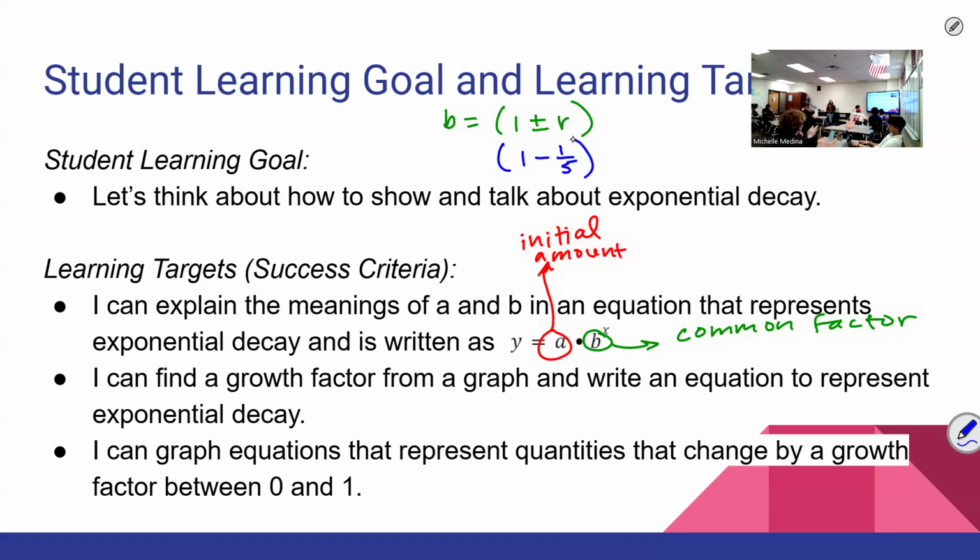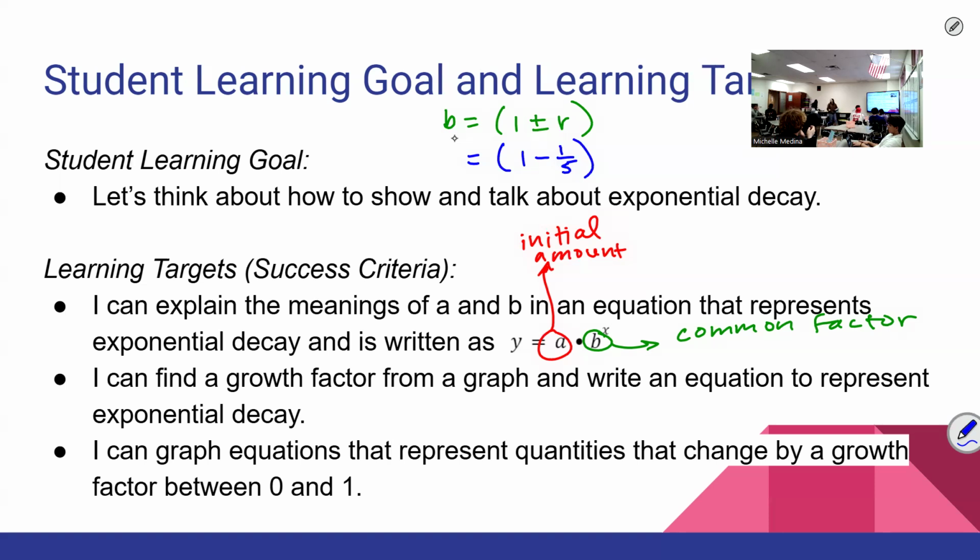If it's decreasing by a fifth, I need you to pay attention. I swear this is so helpful. Just understand it. If it's decreasing by a fifth, what is my common factor then? What would I have to multiply by each time to get the next number?